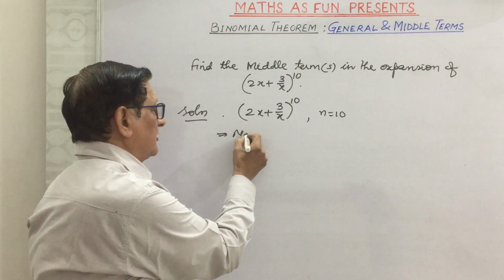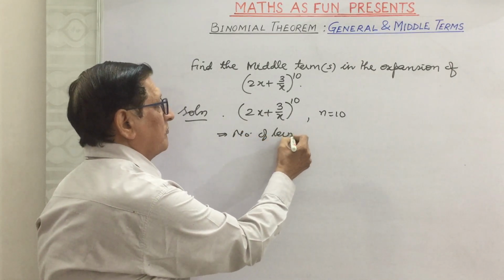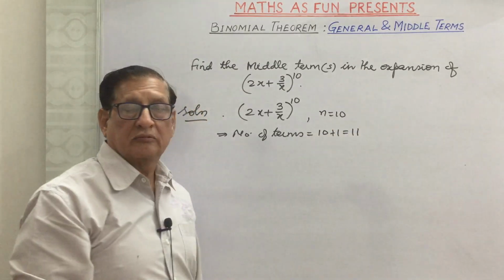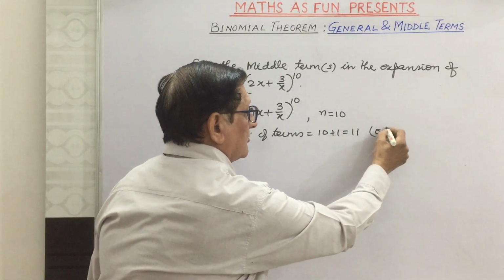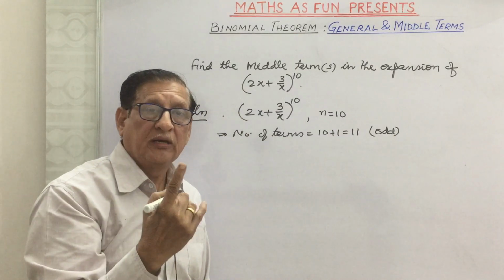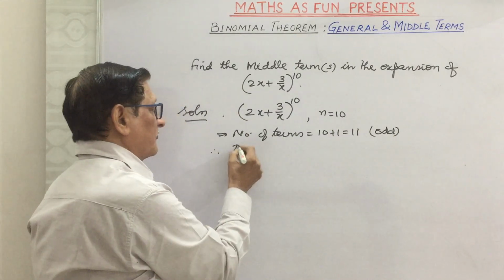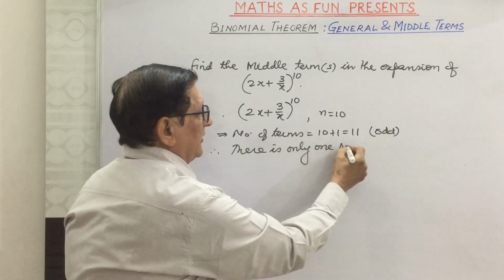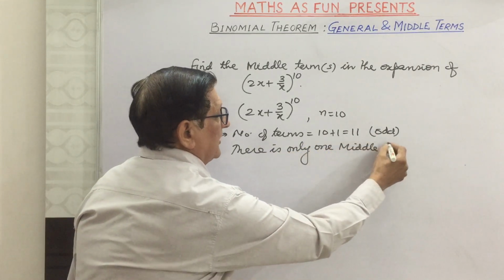Therefore, the number of terms will be 10 plus 1, that is 11, which is odd. And in case of odd, there is only one middle term.